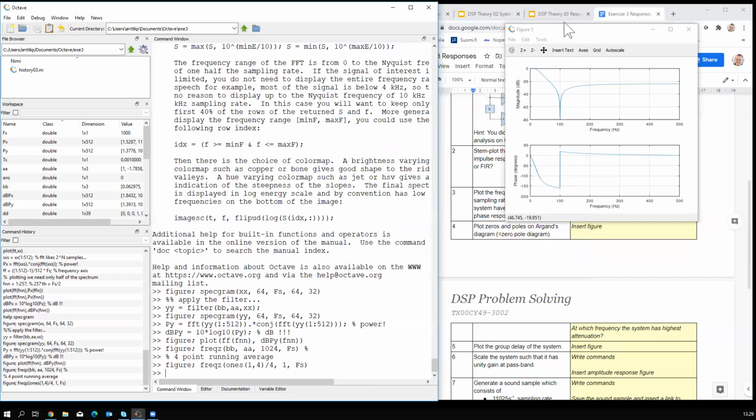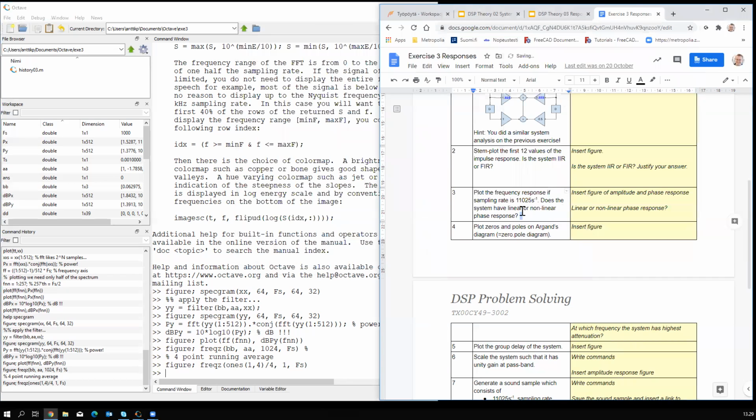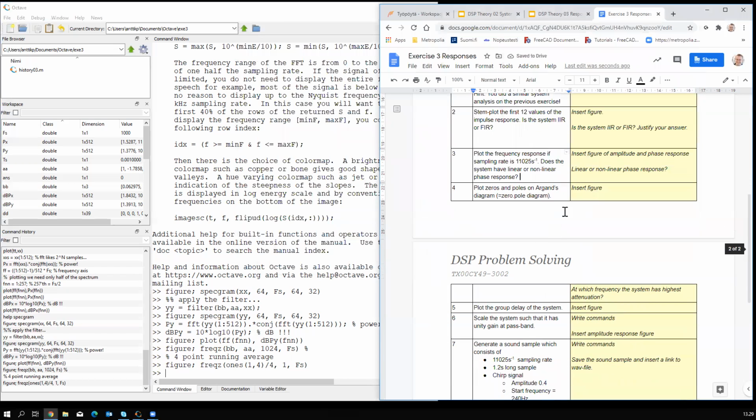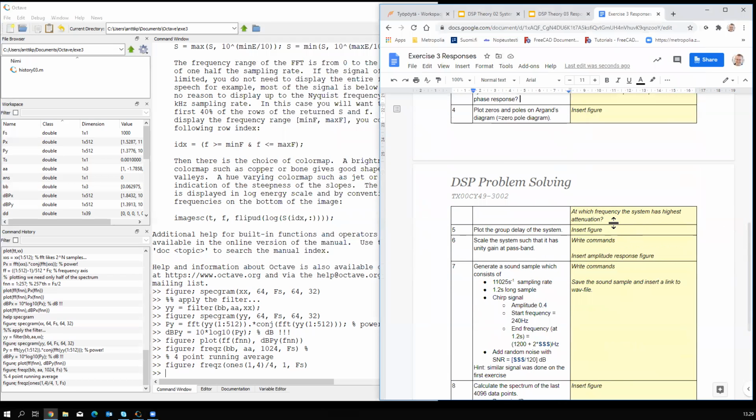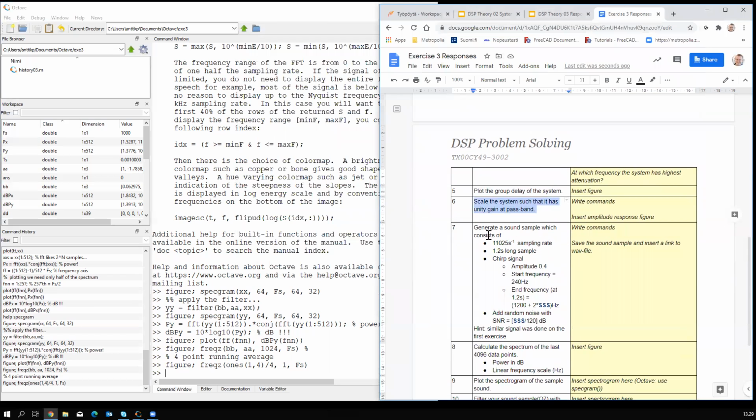So, linear or non-linear phase response, you can see it from the phase response graph. Then zero pole plot, plot the group delay. Okay, scale the system such that it has unit gain at passband. Yep, done. Then you will generate a sound sample.